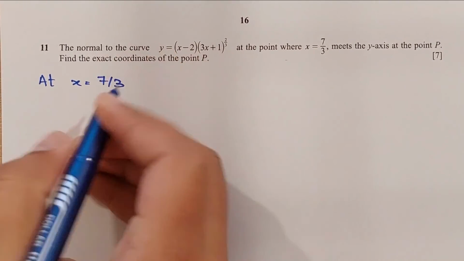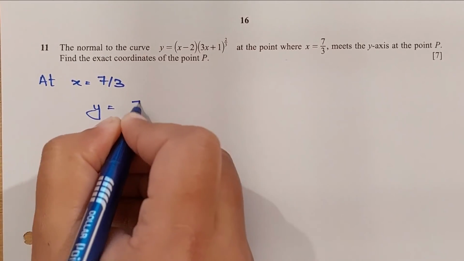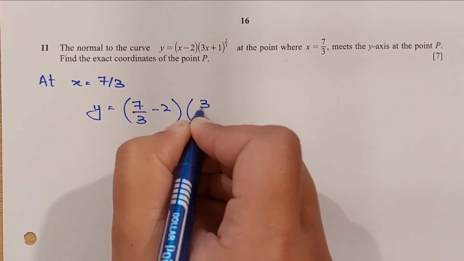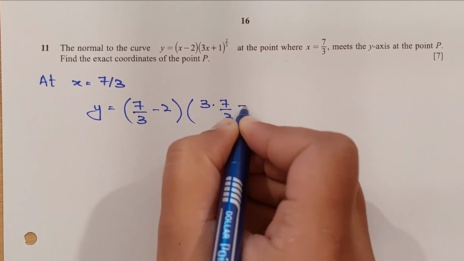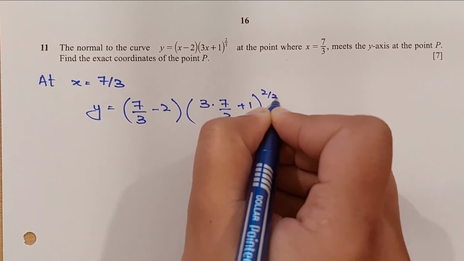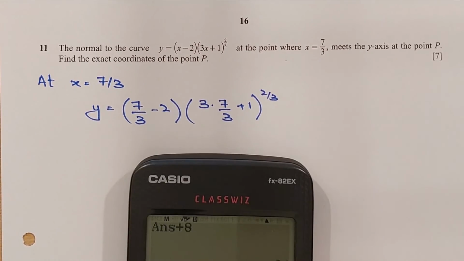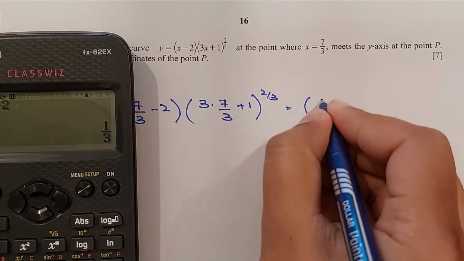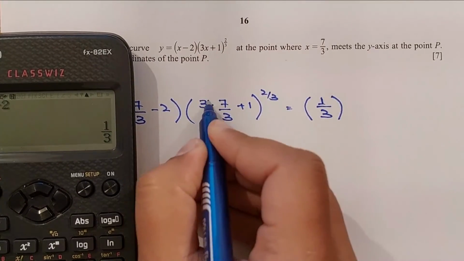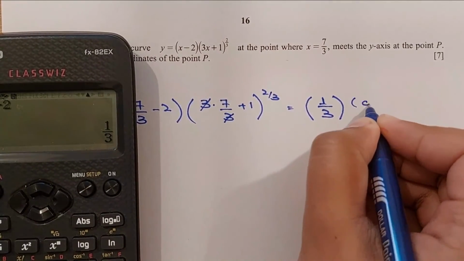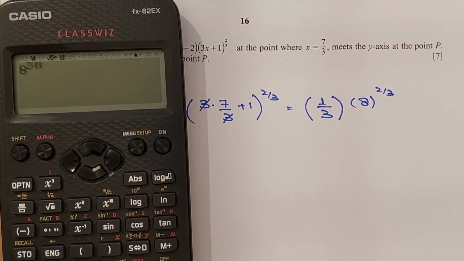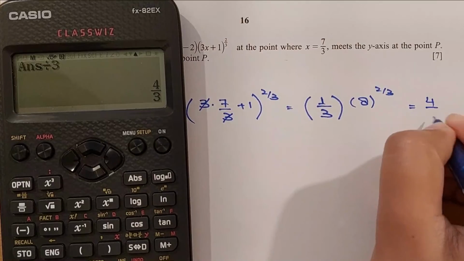We find it by substituting: y equals (7/3 minus 2) times (3 times 7/3 plus 1) to the power 2/3. 7/3 minus 2 is 1/3. The 3s cancel, 7 plus 1 is 8, and 8 to the power 2/3 is 4. So 4/3 is the y coordinate.